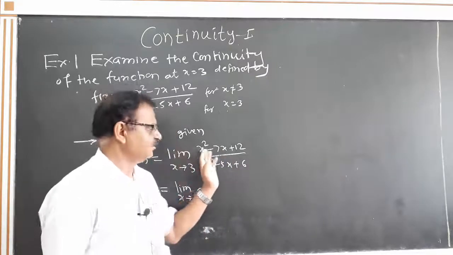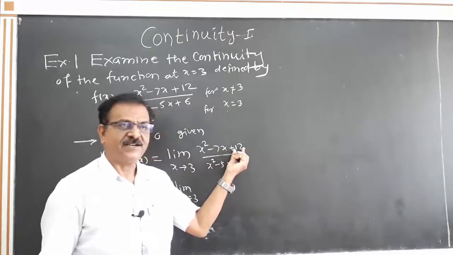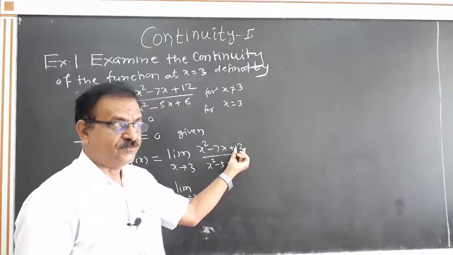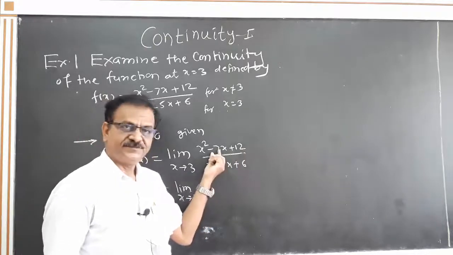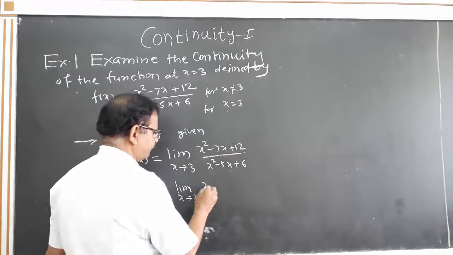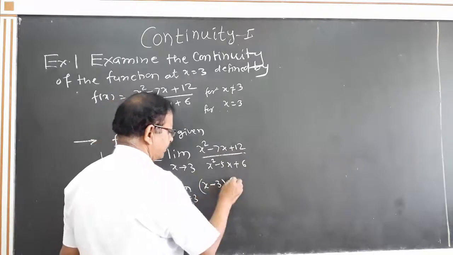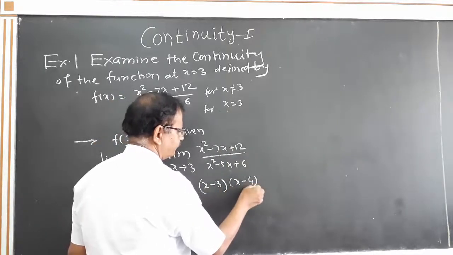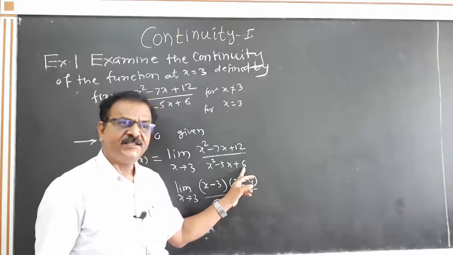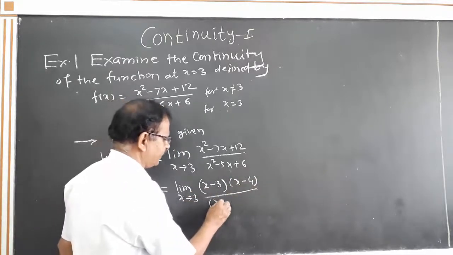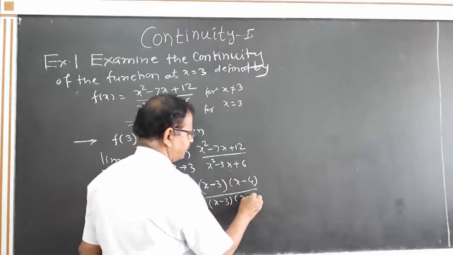First we shall factorize numerator. This 12 has factors 3 into 4, that is 3 and 4, whose sum is 7. Therefore factors of numerator are (x minus 3)(x minus 4). 6 has factors 3 and 2. Therefore these factors are (x minus 3)(x minus 2).